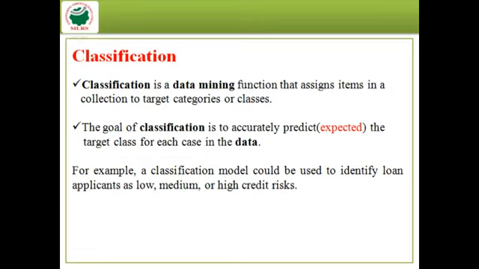Classification is a data mining function that assigns items in a collection to target categories or classes. The main goal of classification is to accurately predict the target class for each case in the data.